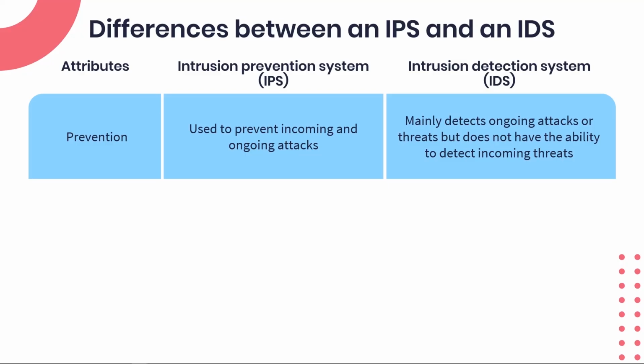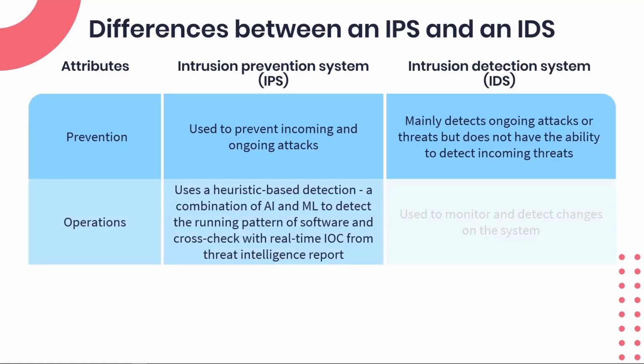And with an IDS, it mainly detects ongoing attacks or threats, but does not have the ability to detect incoming threats. The attribute operations with an IPS, it uses a heuristic-based detection, a combination of AI and ML, to detect the running pattern of software and cross-check with real-time IOC from threat intelligence reports. And with an IDS, operations are used to monitor and detect changes on the system.